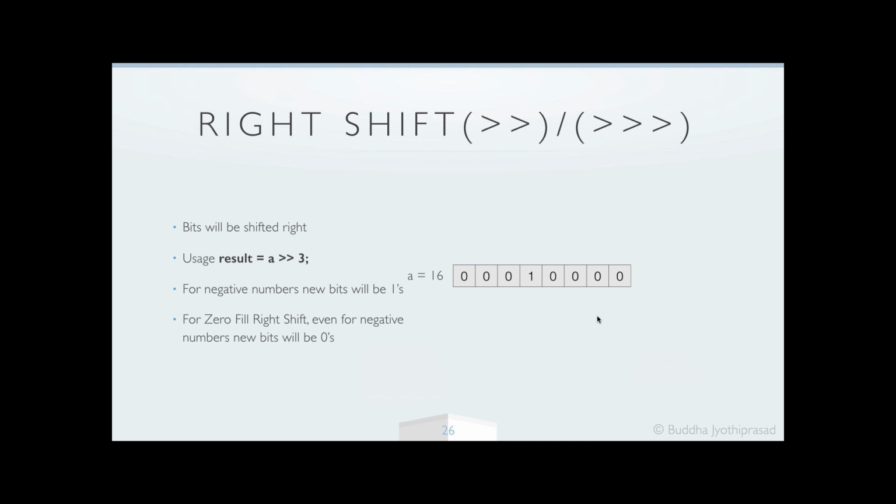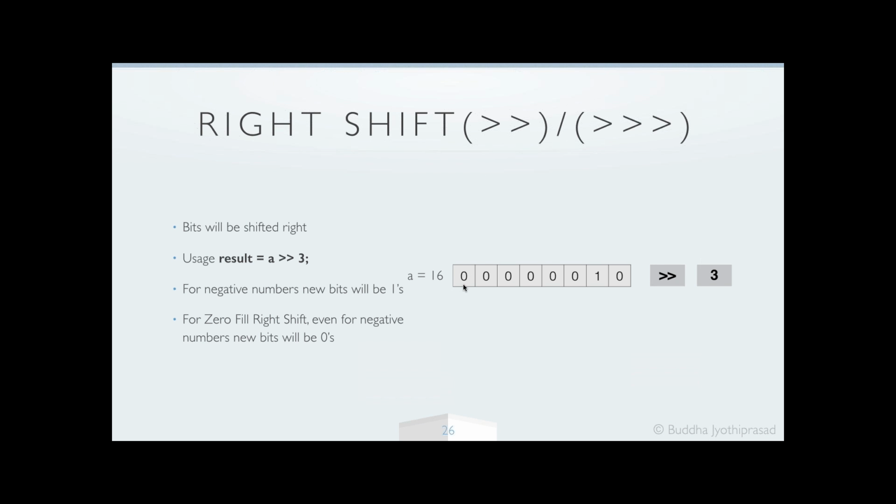And then there is right shift. Right shift, as you can guess, moves the bits by the given number of digits, and the beginning is filled with zeros. And then there is the zero fill right shift operator, which also works like this. It fills with zeros.